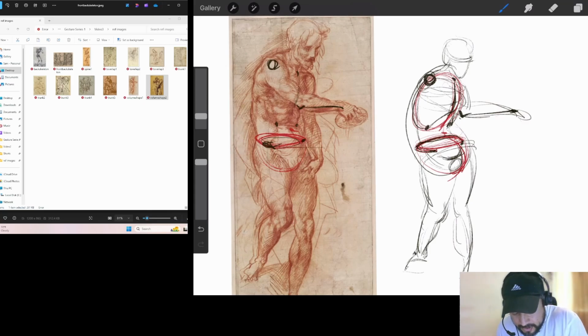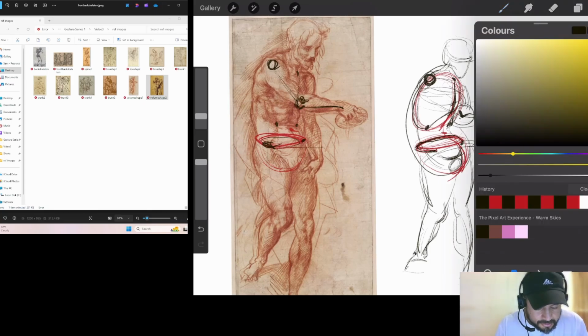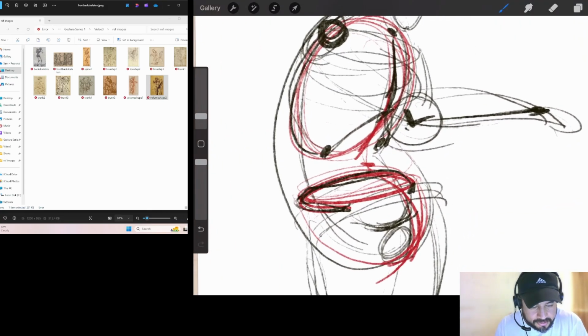Now, that humerus would sit something like this, where you've got the end of the mallet like that. And if I make that bigger, okay, I'll make it like that.